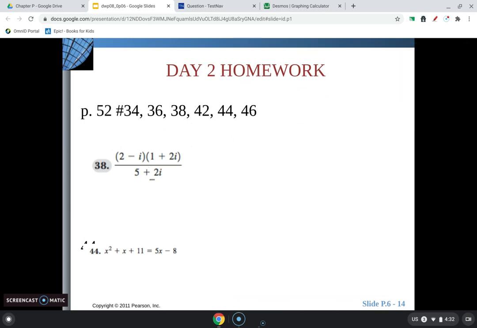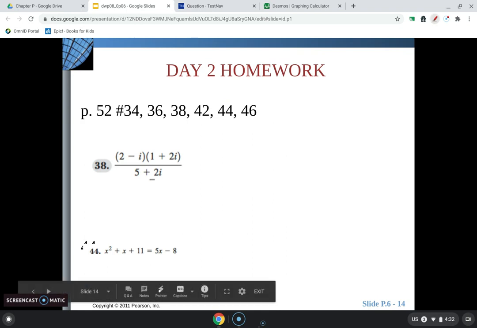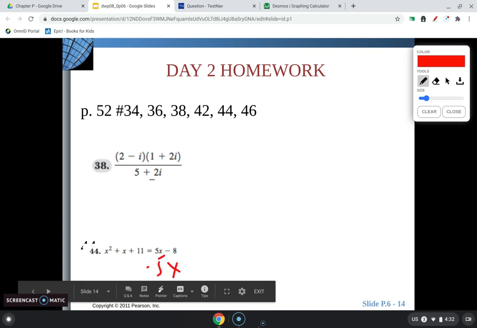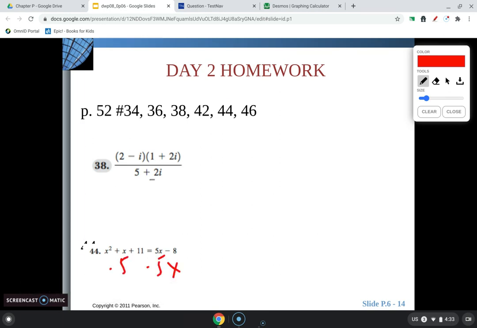All right, 44. We've got to get this set equal to 0. So we're going to subtract 5x and add 8 over here. So that's going to be x squared minus 4x plus 19 equals 0.